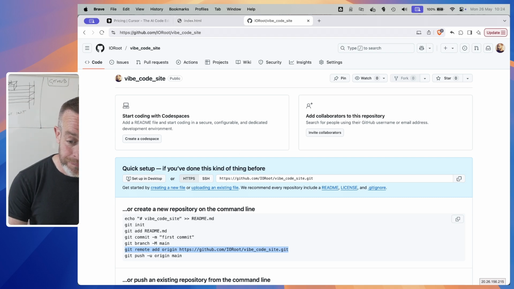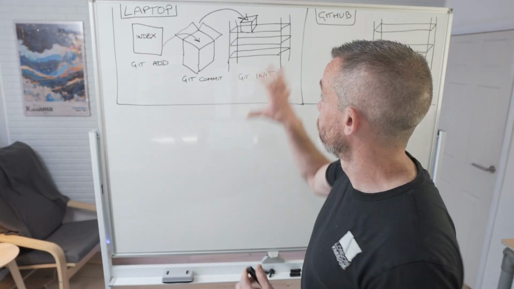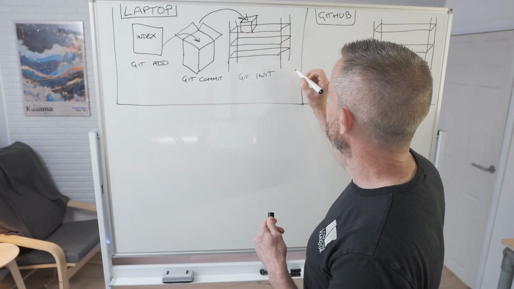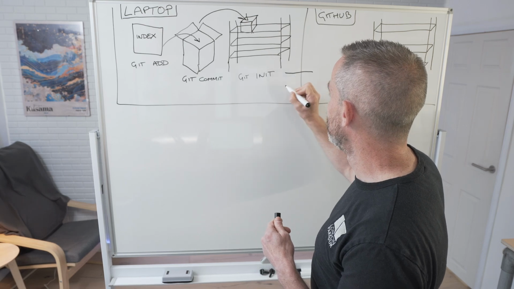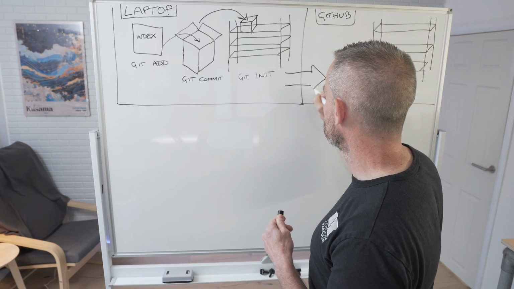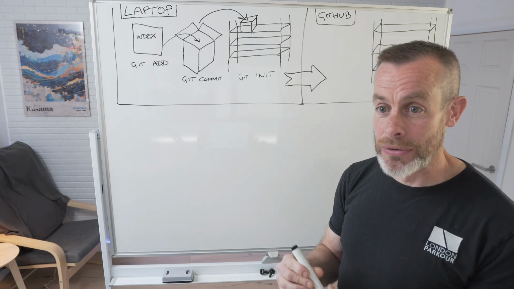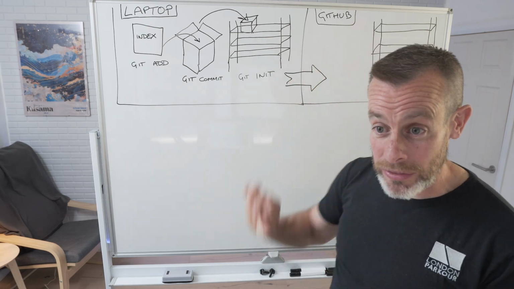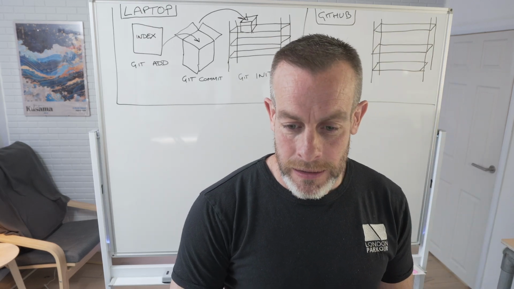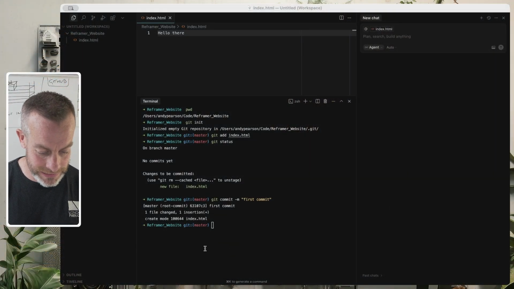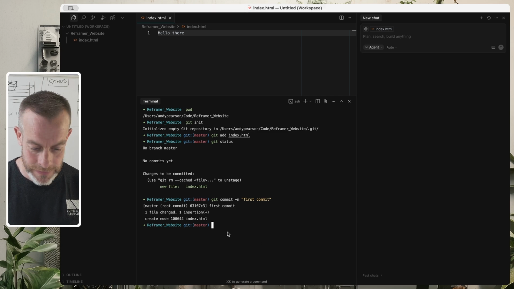So our local version, so here, knows about here. So we can create a big arrow like that. That's our remote, so we can copy one to the other. Going back to the command window, let's add that in.